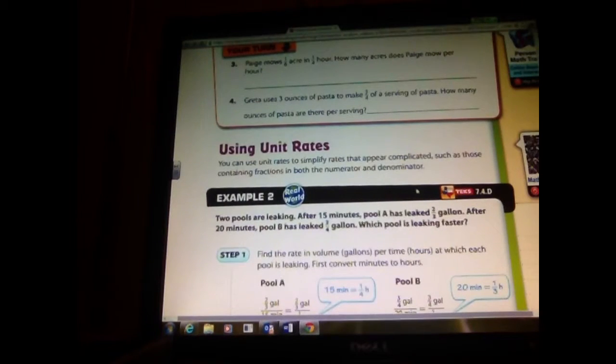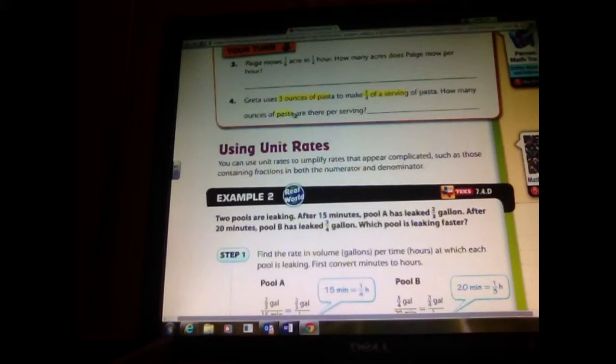All right. I'm on page 63 in the Your Turn section at the top. And we're going to look at Greta's problem because Greta's problem is a little bit different. So she uses 3 ounces of pasta to make 3/4 of a serving. How many ounces of pasta are there per serving?